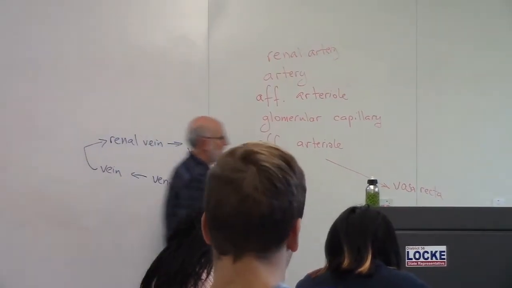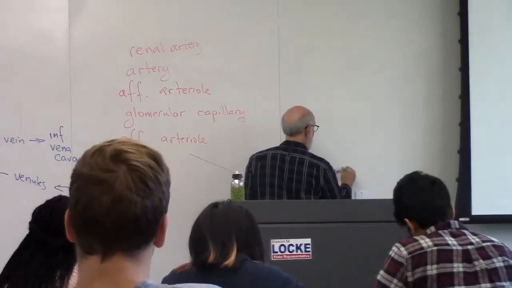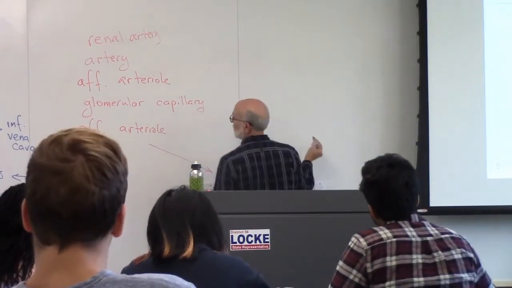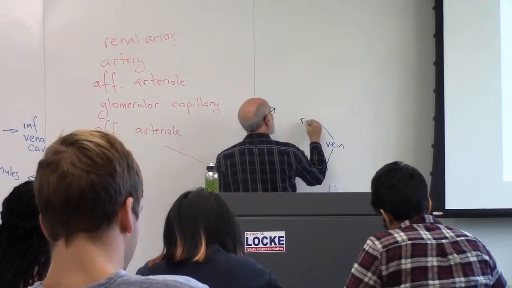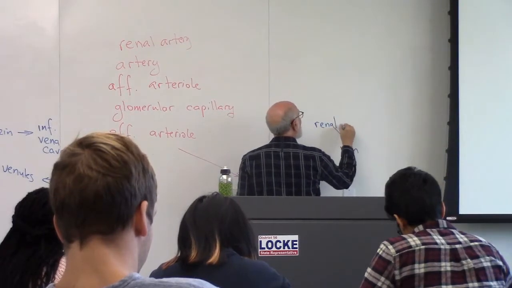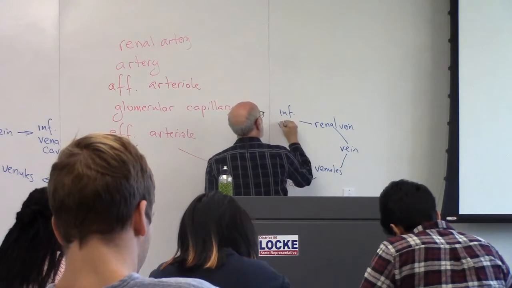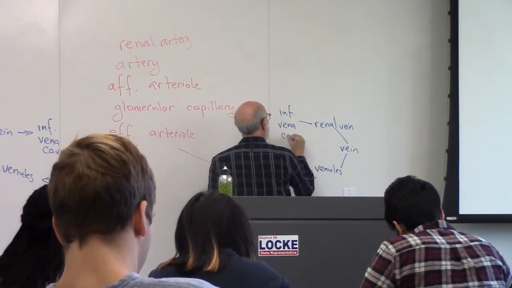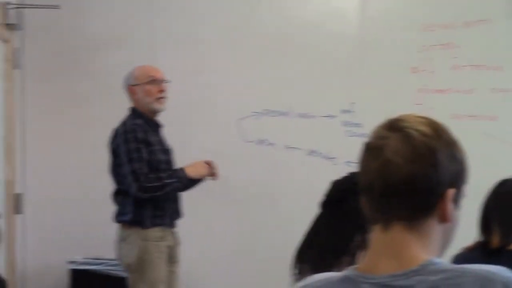And the same thing happens here with the vasa recta. It gives rise to venules, a vein, renal vein, inferior vena cava. Okay, so that's the order of operation of blood flow.